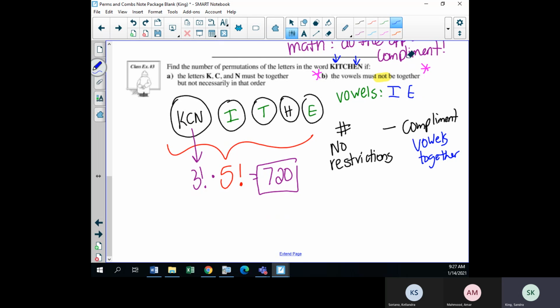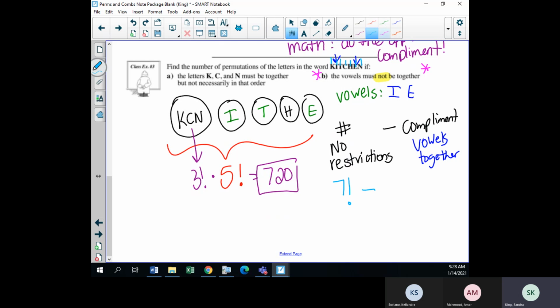We always put them on a disc. So if they can't be together, you do the opposite, which is put them together. But in order to get the math correct, you always have to first find how many arrangements there are in the word kitchen with no restrictions, and then subtract the complement. With no restrictions in the word kitchen, that would be 1, 2, 3, 4, 5, 6, 7 letters. That would be 7 factorial.